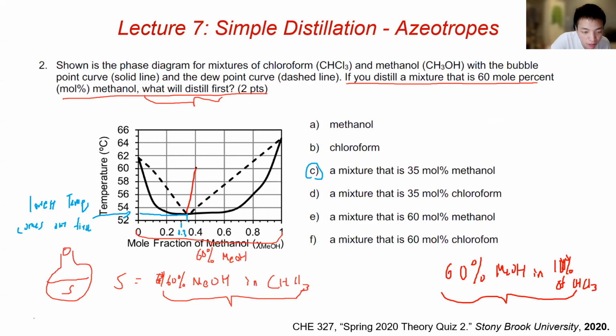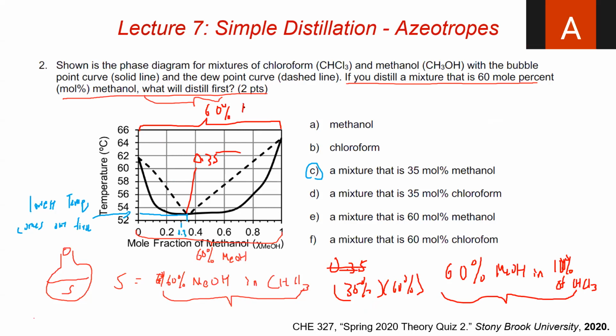The chart basically tells that at 35% of your 60% methanol, this will be the lowest point. From 0 to 1, the entire is 60%.